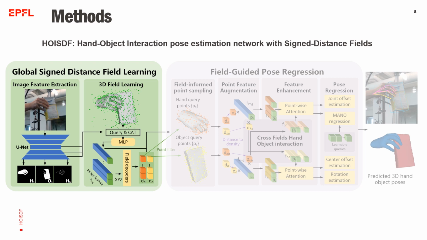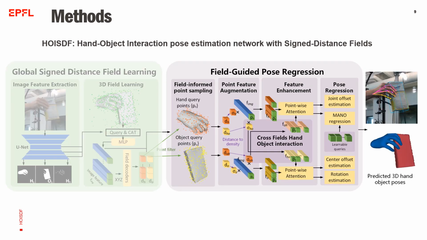Since we believe global plausibility is more important in the intermediate stage, while fine-grained details can be recovered in the later stages. After the field learning module, we use the learned fields to predict the hand and object poses.